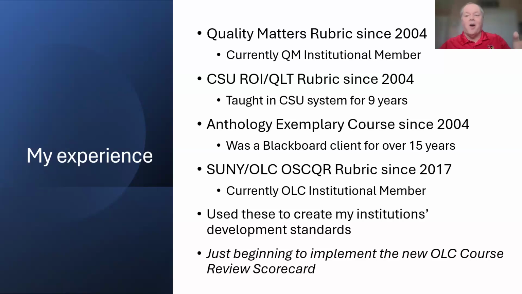So we kept the ones that were common across all of the rubrics. And for the remainder, the ones that were unique, we had a panel and said, okay, is this particular standard a deal breaker or is it a nice to have? If it was a deal breaker, it got put in our standards. If it was a nice to have, it got put into a separate nice to have document. So that's how we've been using these.